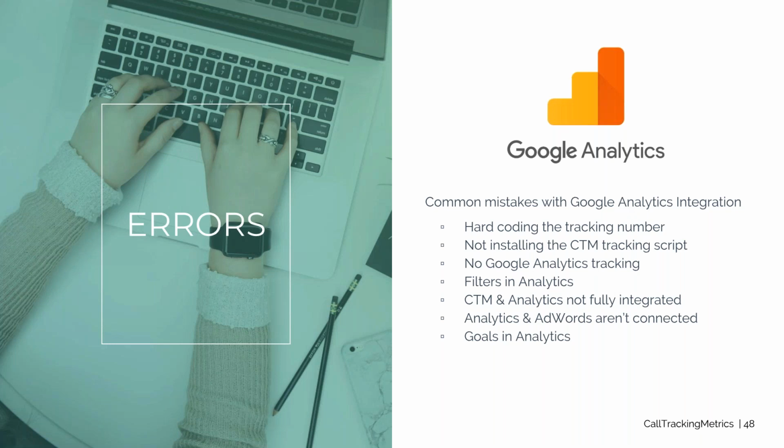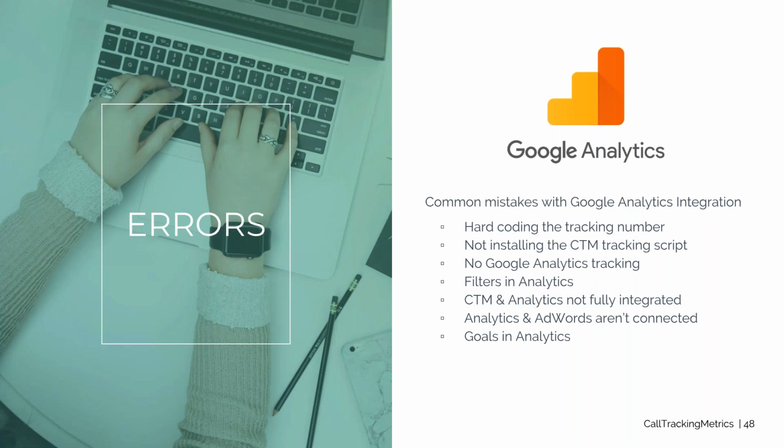So before we start diving into the Google Ads side of things, I wanted to quickly address some of the most common mistakes that happen in regard to the Google Analytics integration. So one of the first ones is what we call hard coding the tracking number onto the page. So how our tracking works is that the numbers will dynamically swap.